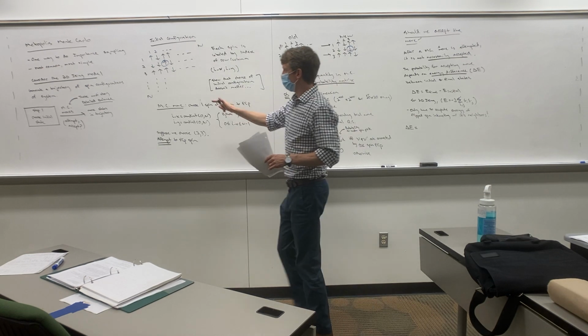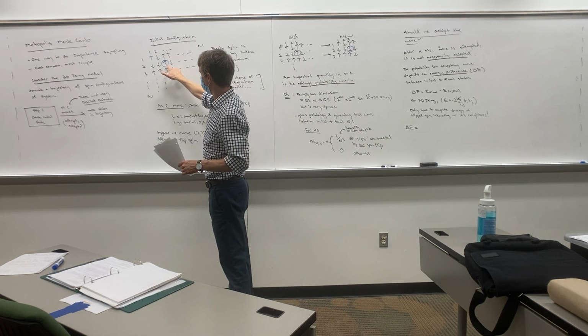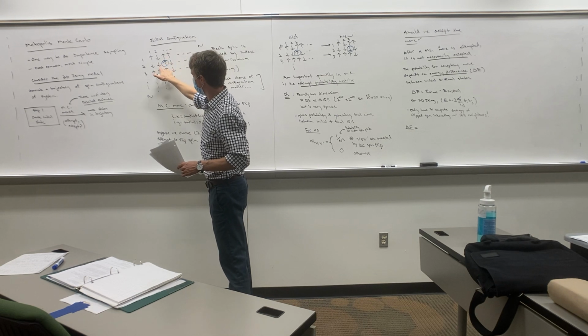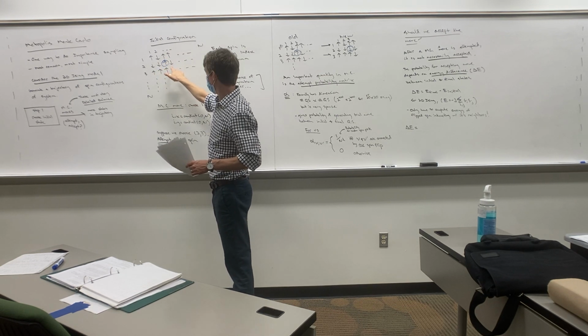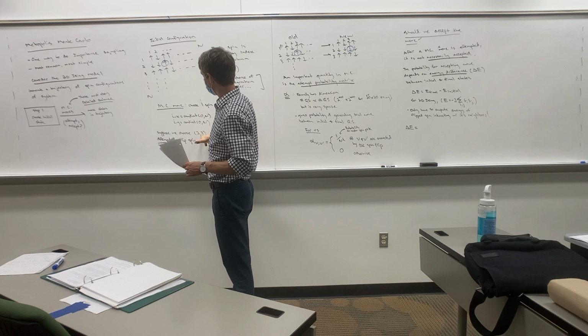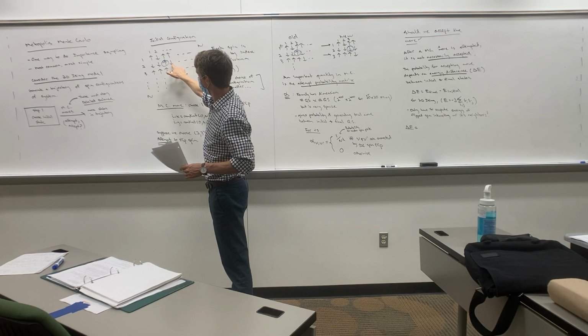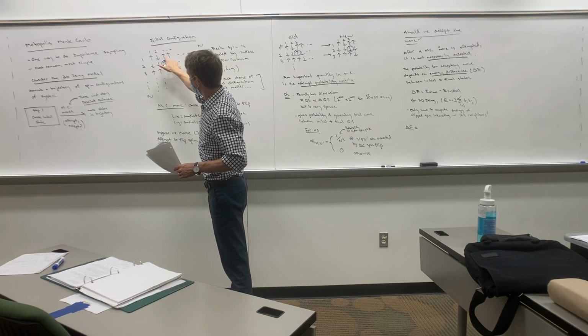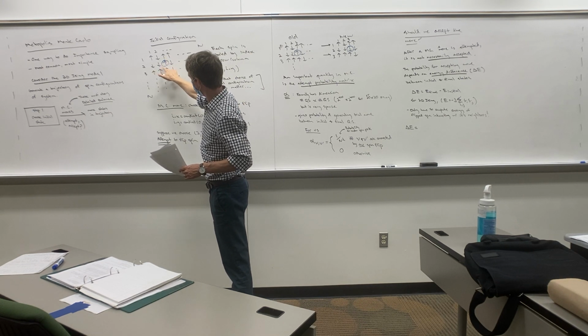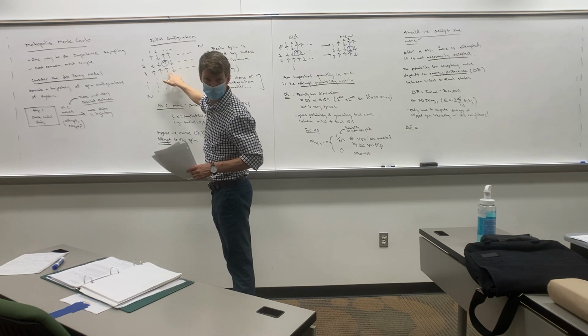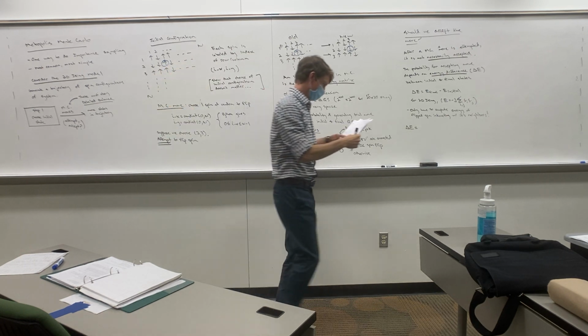So we need this guy interacting with this guy, this guy, this guy, and this guy, right? And this spin is 2,3. So we need 2,3 interacting with 2,4, with 1,3, with 2,2, and with 3,3. Right? So let's write that down explicitly.